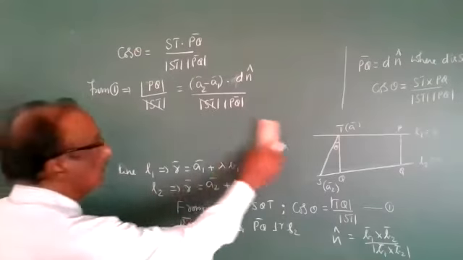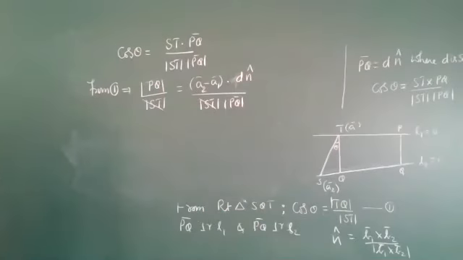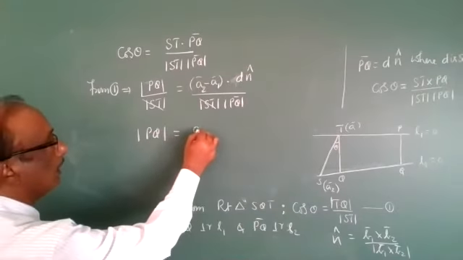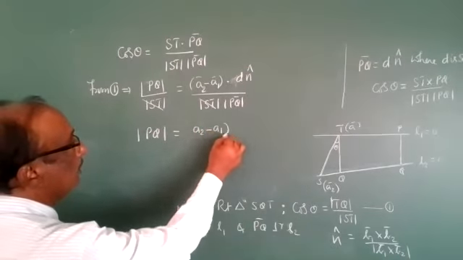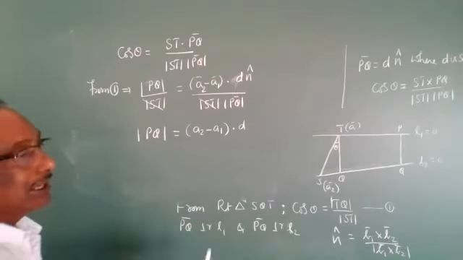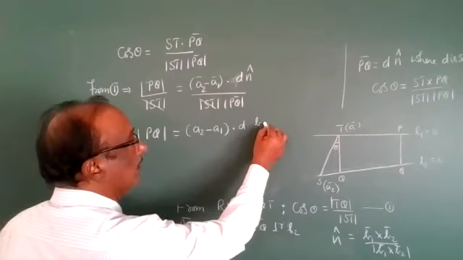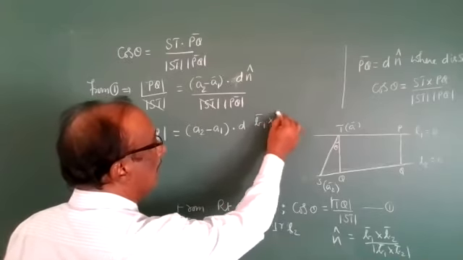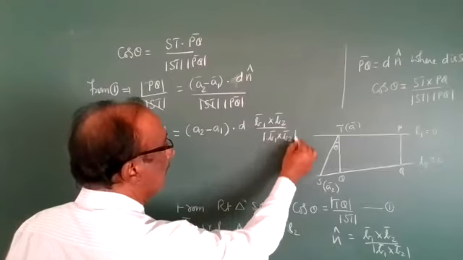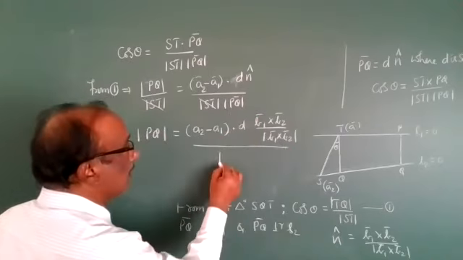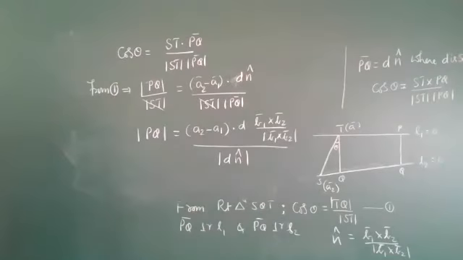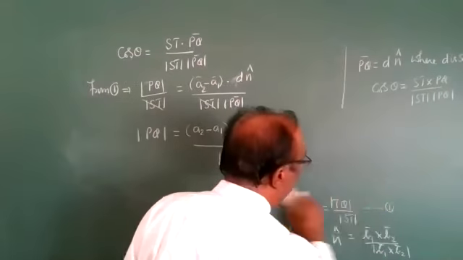Now see, modulus of PQ is equal to A2 minus A1 dot D into N cap, where N cap means B1 bar cross B2 bar by modulus of B1 bar cross B2 bar, by modulus of D into N cap, which is the PQ value. Right, now simplify everyone.